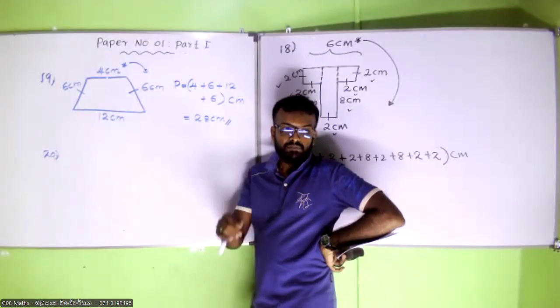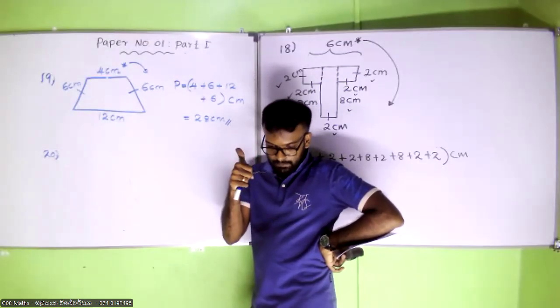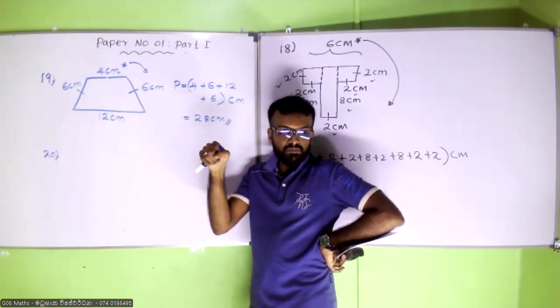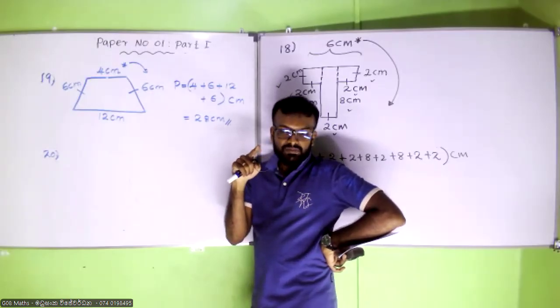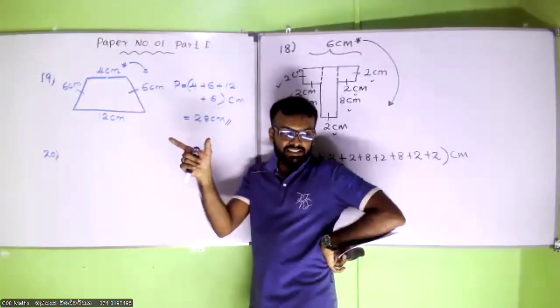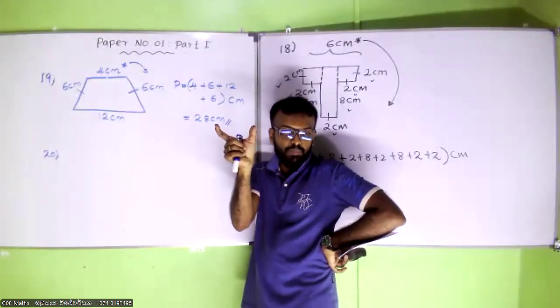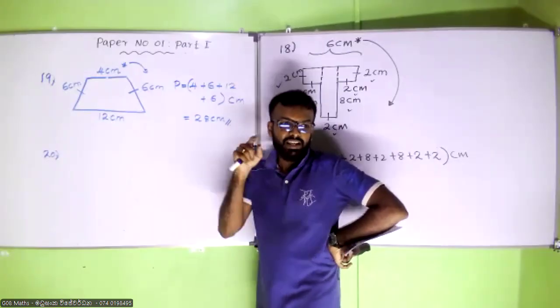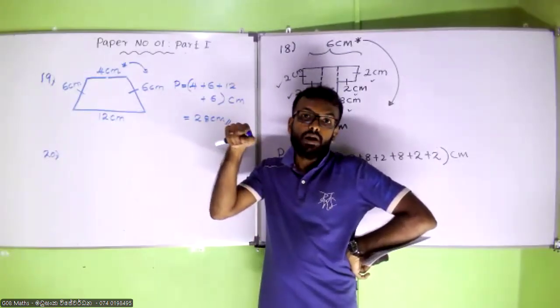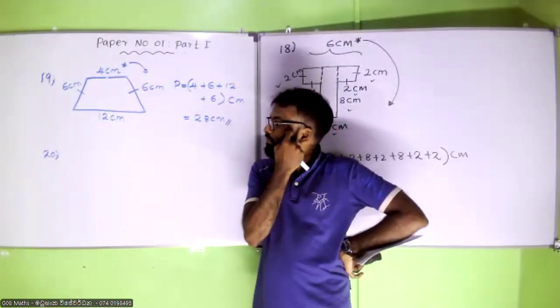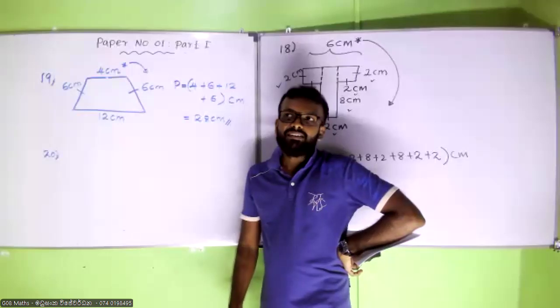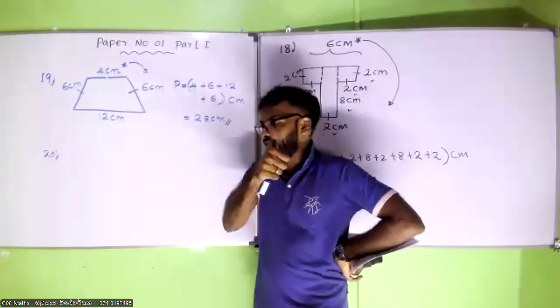N multiplied by, there is a small expression. N multiplied by n plus 1 divided by 2.